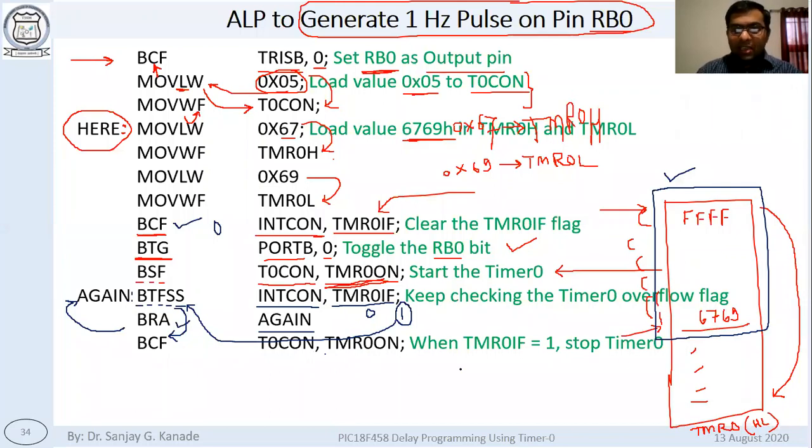Because you see what has happened when we cleared this flag and then we toggled the port, our port RB0 bit, and we started the timer. So when we started the timer, it started measuring from this up to this particular point, and when this overflow happened, means when this measurement completed, the TMR0IF flag became 1.